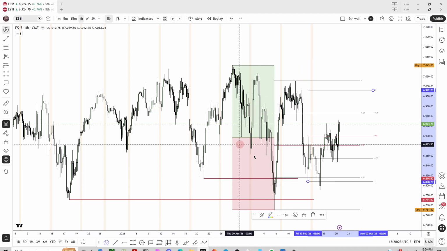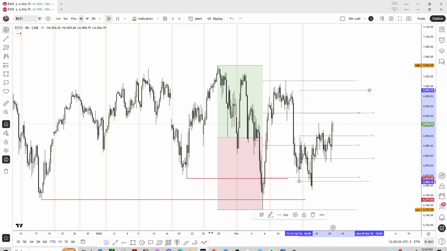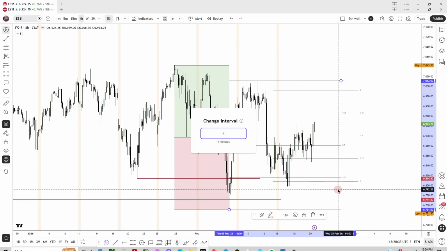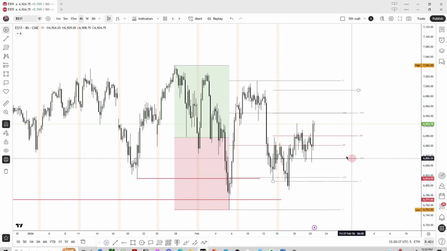So these are the 3 price ranges on the 4-hour chart that I would be paying attention to for the week. I'm going to delete that, because all of these numbers are kind of weird.